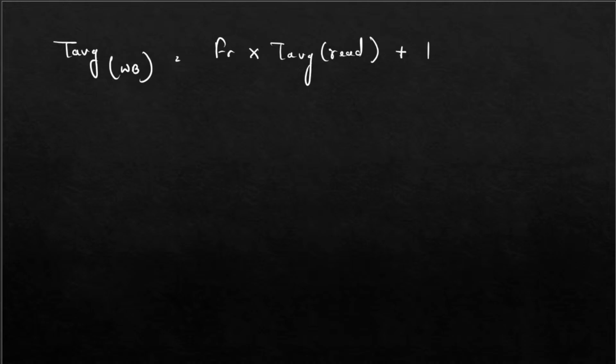So T average is Fr into T average read plus Fw into T average write.